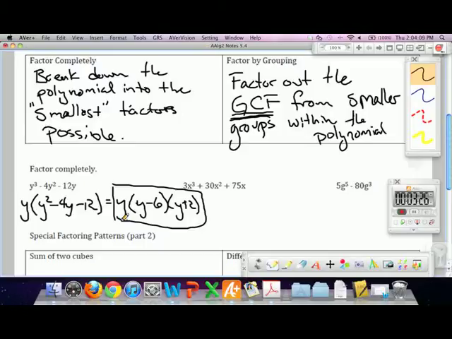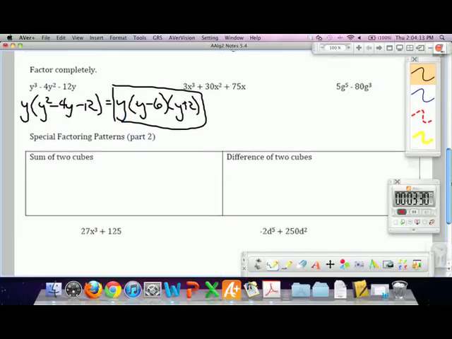Let's do this middle one kind of quickly. 3 is in common, so we have 3 and an x, and it's left with what? X squared plus 10x plus 25. 3x is in common. If it doesn't already, this needs to be jumping out at you as a special factoring pattern.